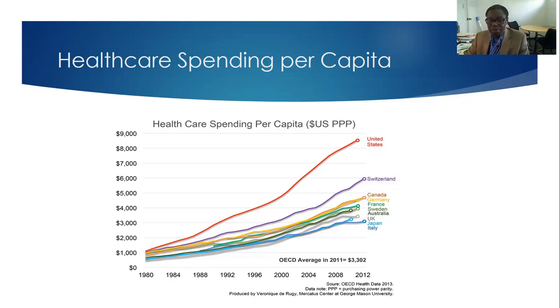OECD member countries represent 63% of the world's gross domestic product, GDP, 75% of world trade, 95% of the world's official development assistance, over half of the world's energy consumption, but only 18% of the world's population.